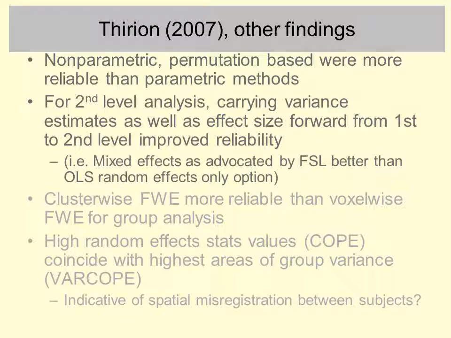For the second level type of analysis, carrying variance estimates forward from the first level as well as the effect sizes did improve reliability, so the FSL team are correct to advocate mixed effects analysis as embodied in the FLAME option rather than using ordinary least squares. The cluster-wise method of family-wise error control was more reliable than the voxel-wise method when group analysis was the objective.